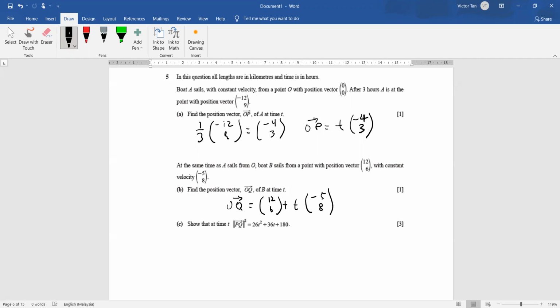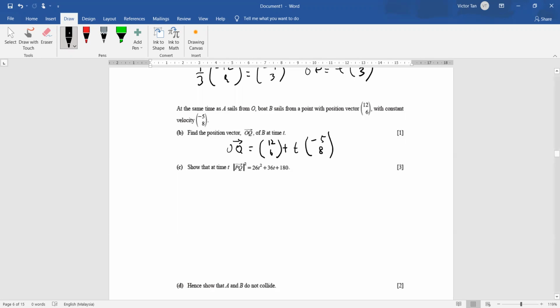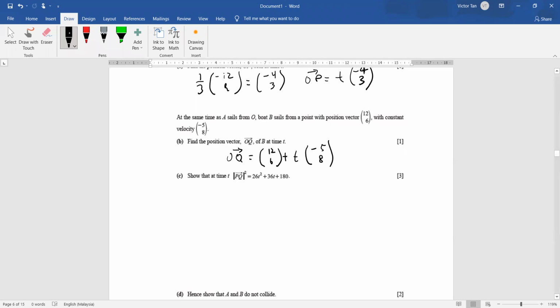Show that at time t, PQ squared equals 26t squared plus 36t plus 180. So PQ equals minus OP plus OQ.